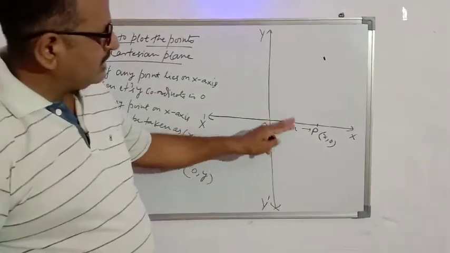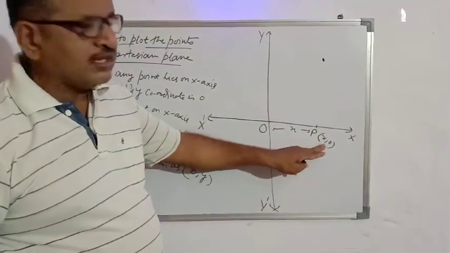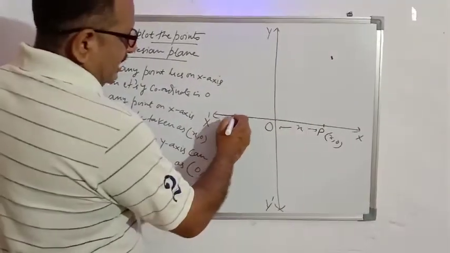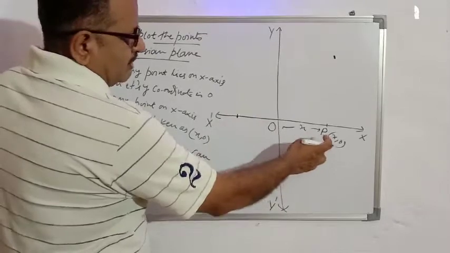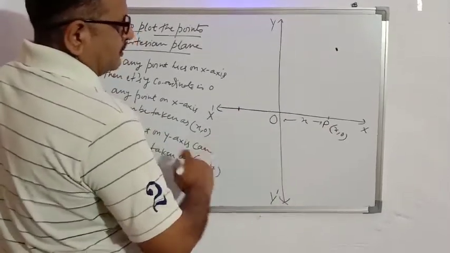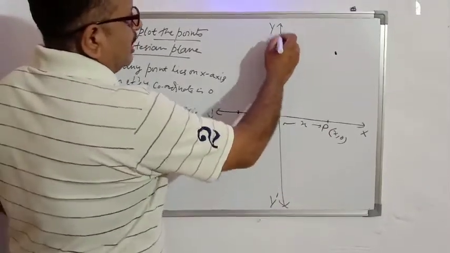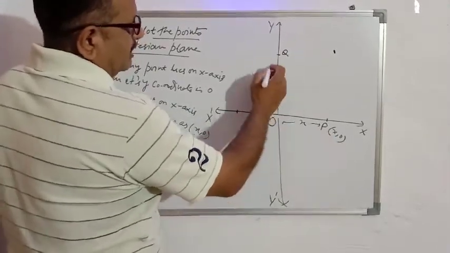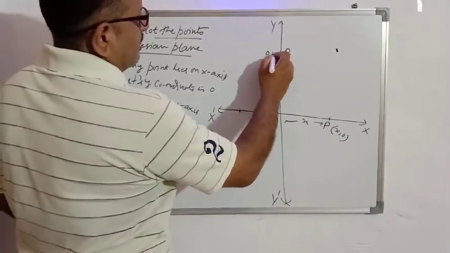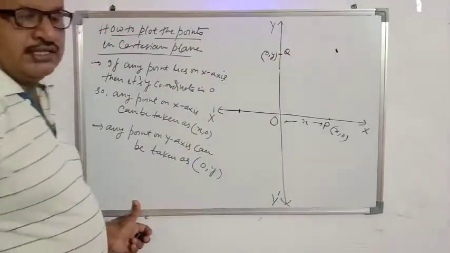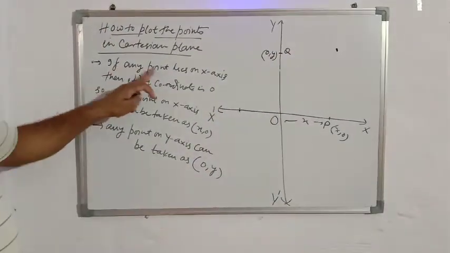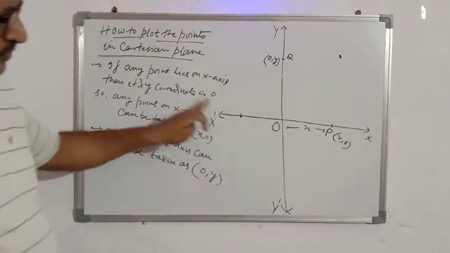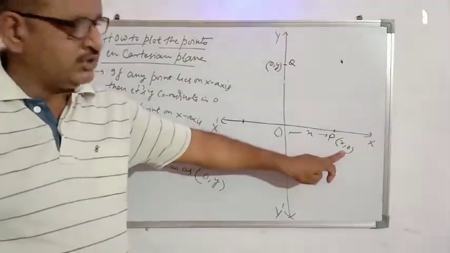If any point lies on x-axis, its second component y coordinate will be 0. If P lies on this side, then it will be minus x, 0. Any point lying on y-axis, suppose Q, its first component will be 0.